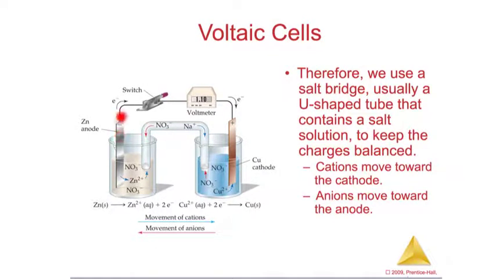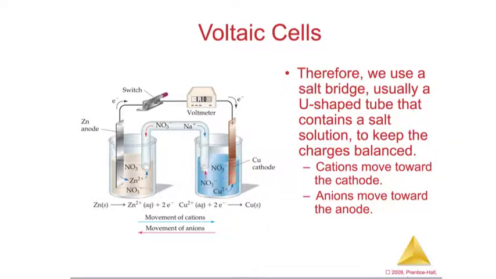As zinc loses electrons, it forms zinc ions with a +2 charge that move into the solution. As the copper is gaining the electrons, the copper ions are forming solid copper.